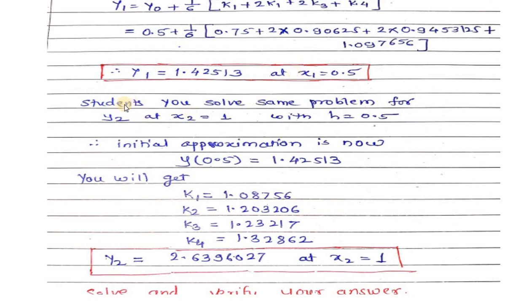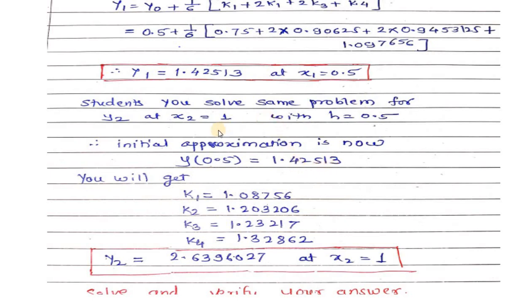Now students, you have to solve the same problem for y2 at x2 equal to 1, with h equal to 0.5. Therefore we have to take the initial approximation y1 at x1, so y of 0.5 is 1.42513.